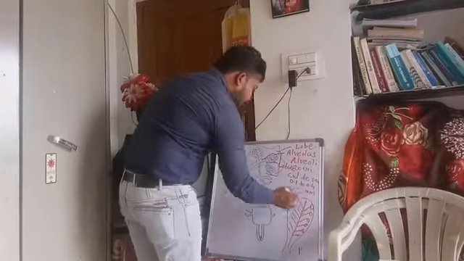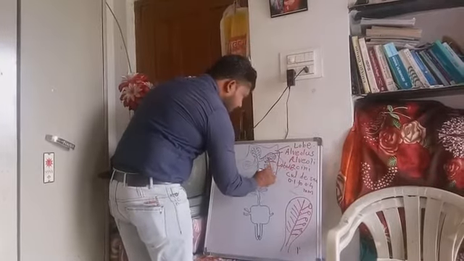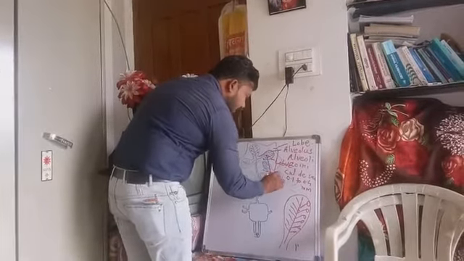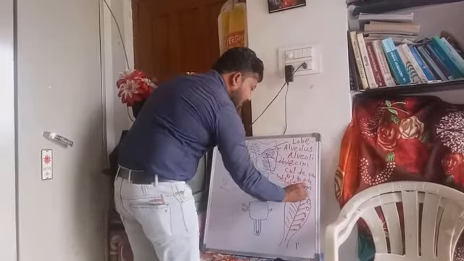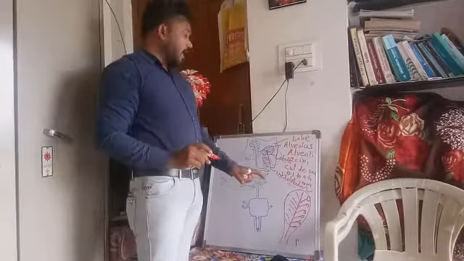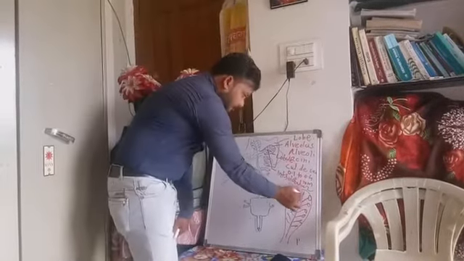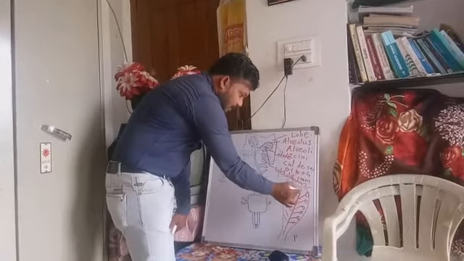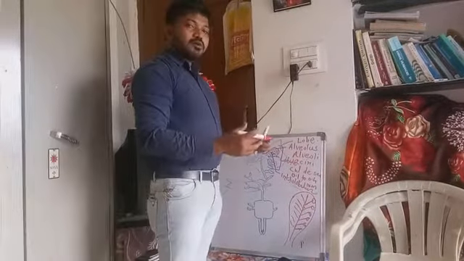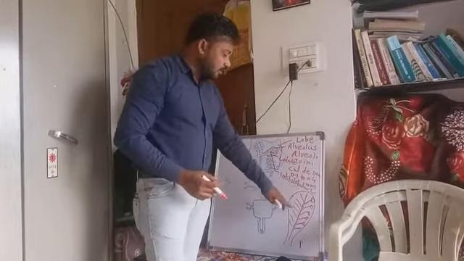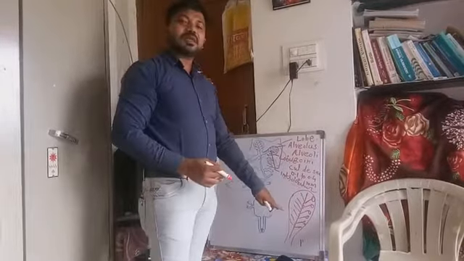This duct here, the central duct, is called the intralobular duct. These are the terminal ducts and this is the intralobular duct. So the intralobular duct collects all the milk from all these terminal ducts.